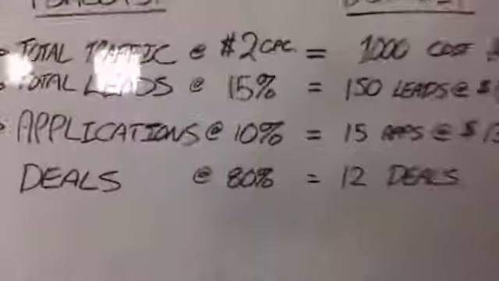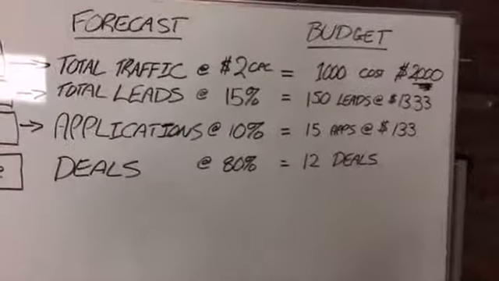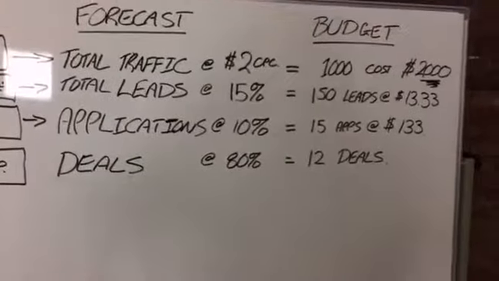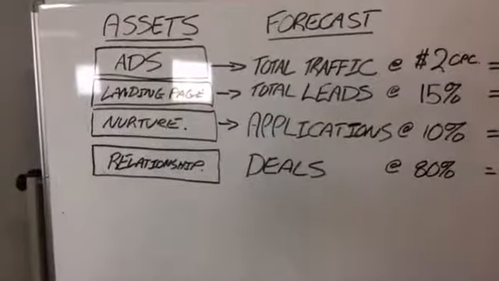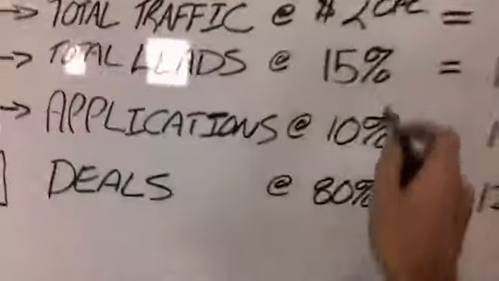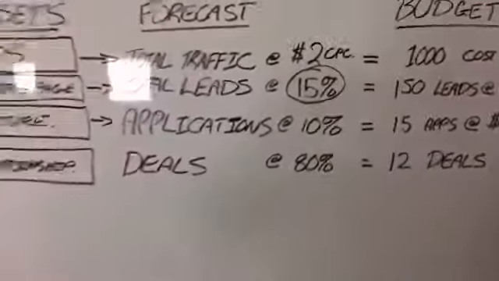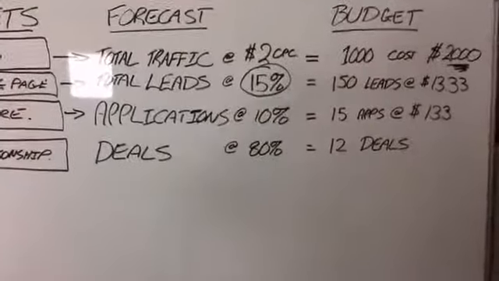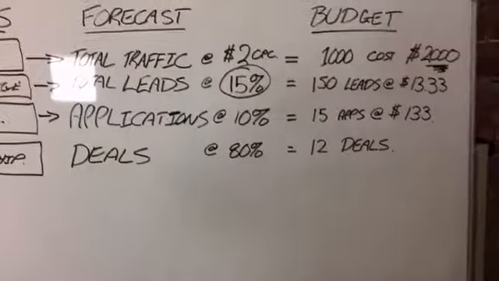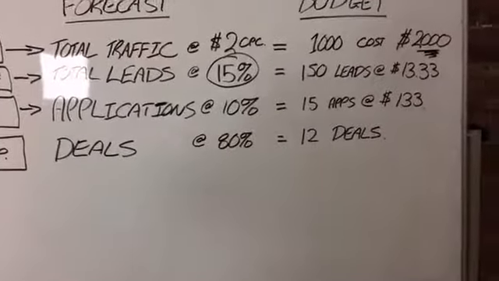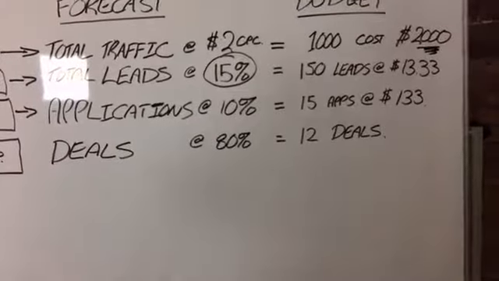Then you say, okay, for every person that I drive to my landing page, what's my conversion ratio going to be? And that's this number right here. I think that I can get 15% of the people that click on my advertisement to come through and become a lead.